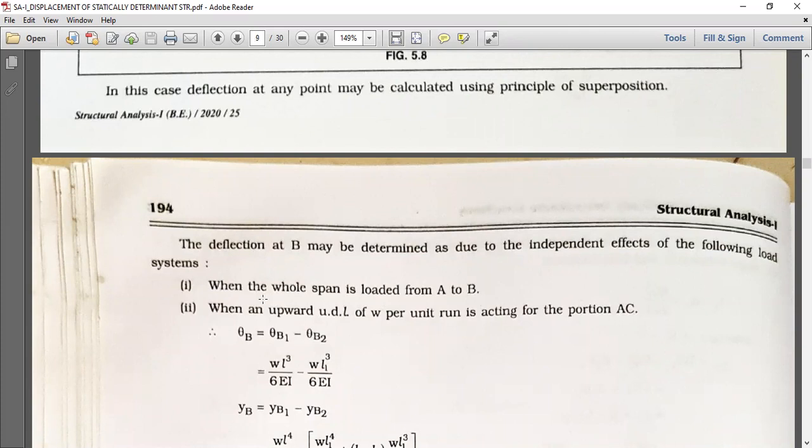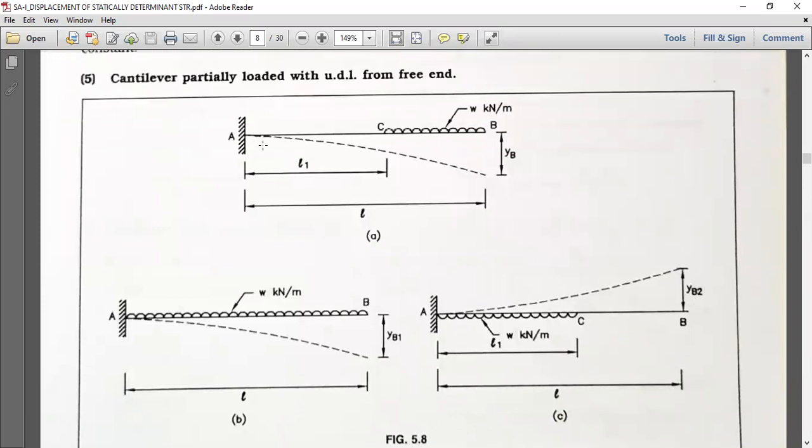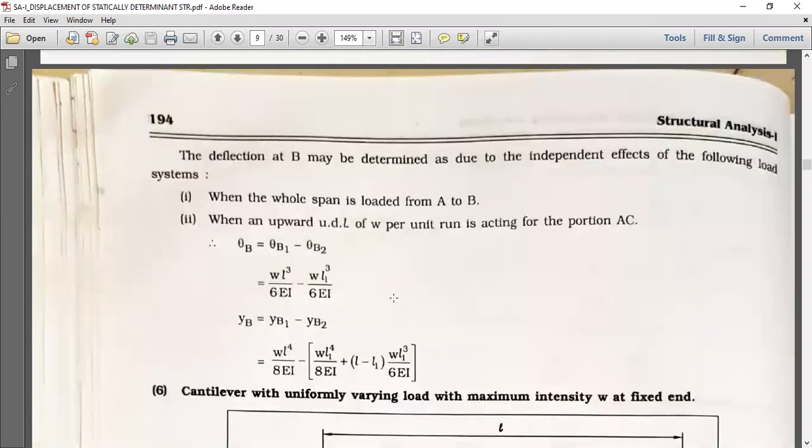First, when the whole span is loaded from A to B, and second, when an upward UDL of W per unit run is acting on the portion AC. So theta B is equal to theta B1 minus theta B2, which is WL cube divided by 6EI minus WL1 cube divided by 6EI.